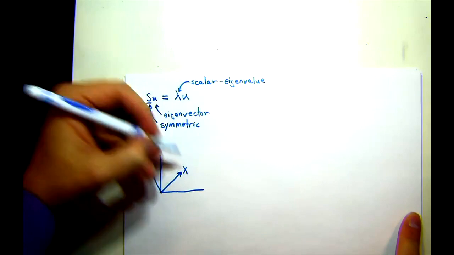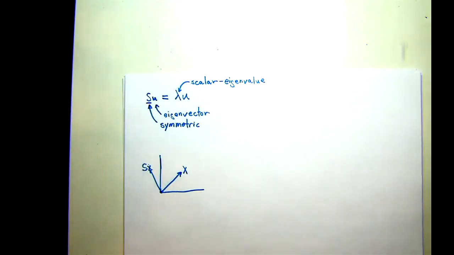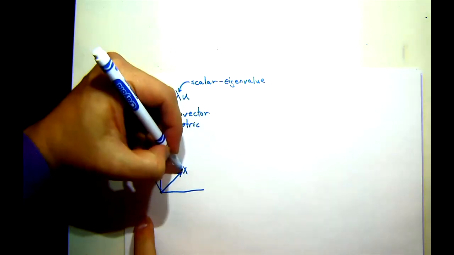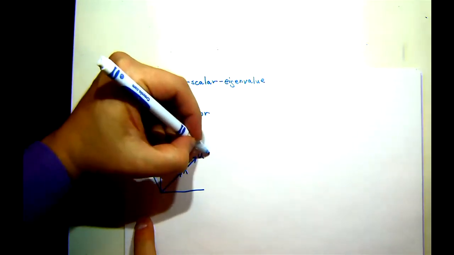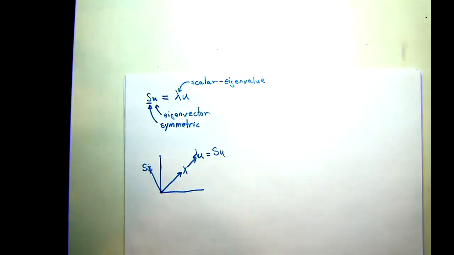So if this is X, this could be SX. You have rotated it and rescaled it possibly. That's just what S is going to do to it. However, there are a set of vectors in here called the eigenvectors, where SU equals lambda U. And that just means the U vectors don't change direction when you apply this transformation.